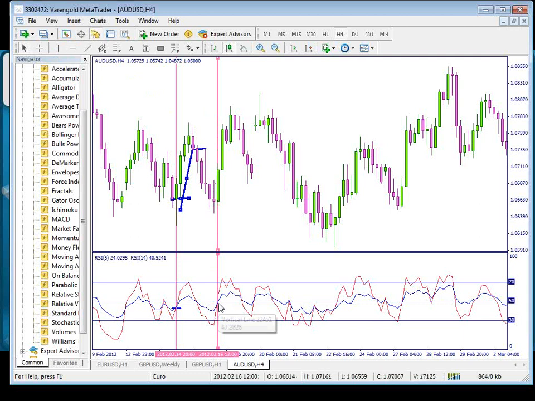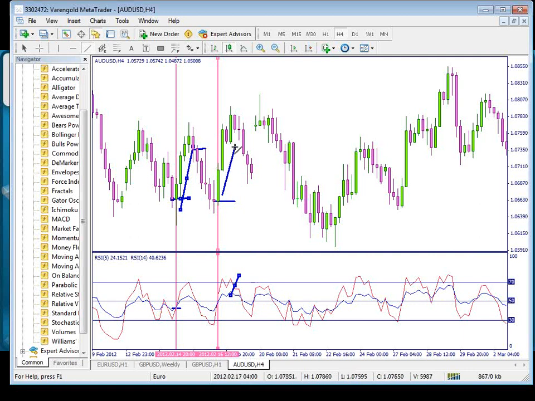So here is the signal from the cross of RSI. In this area we have the entrance, probably to the next candle, and until this area we can stay into the buy.